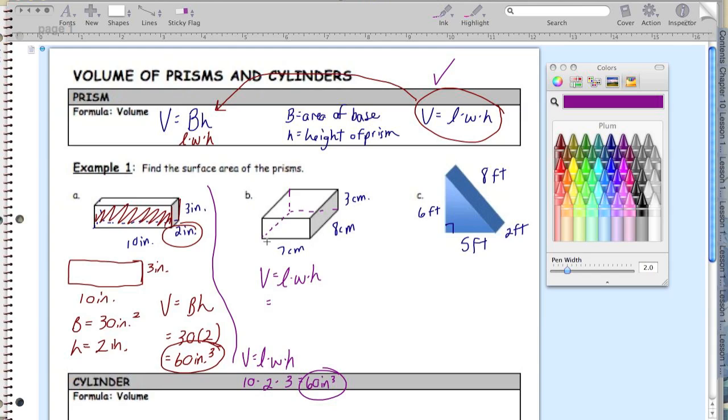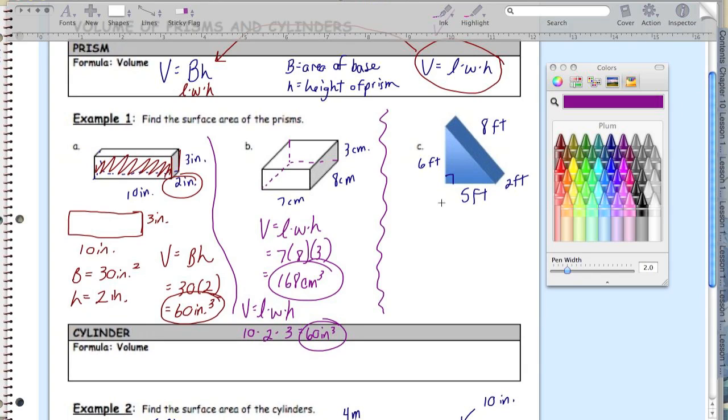My length is 7. My width is 8. And my height is 3. 7 times 8 is 56. 56 times 3 is 168. 168 centimeters cubed. Okay? So rectangular prisms aren't too bad because we can just use length times width times height.